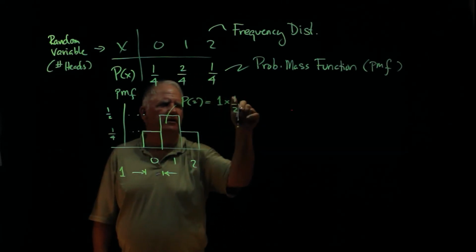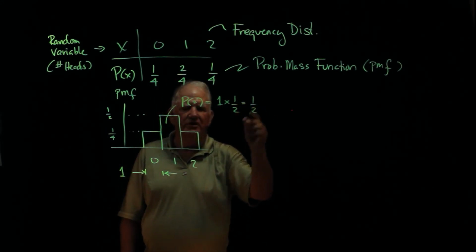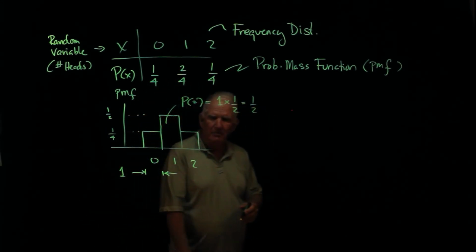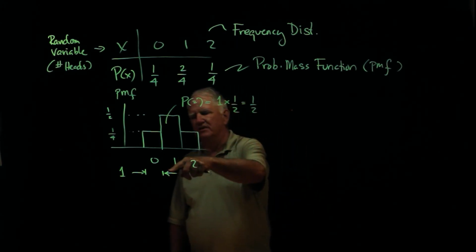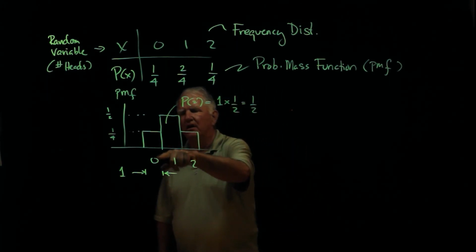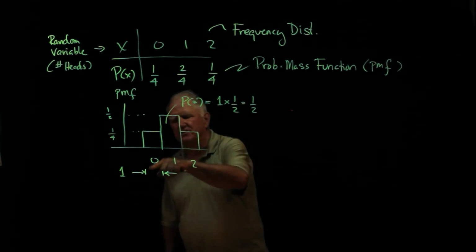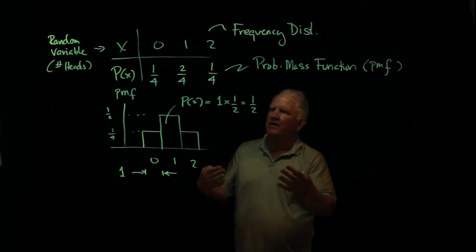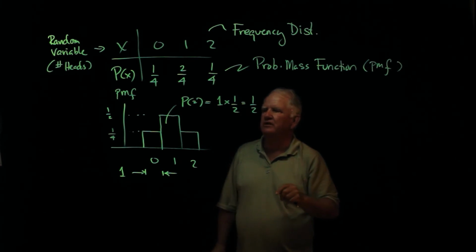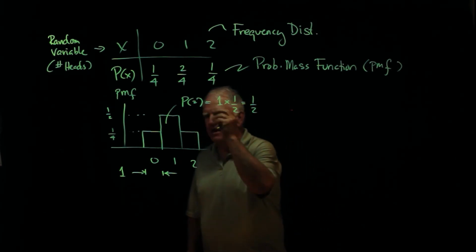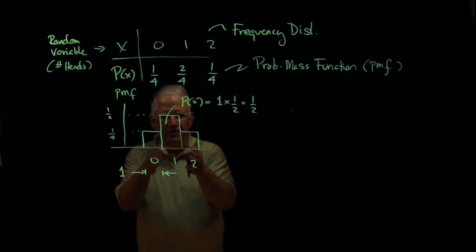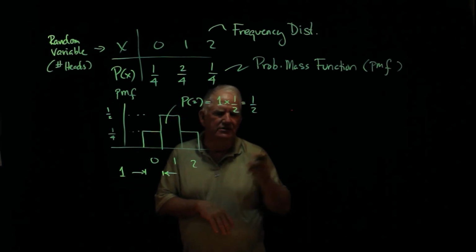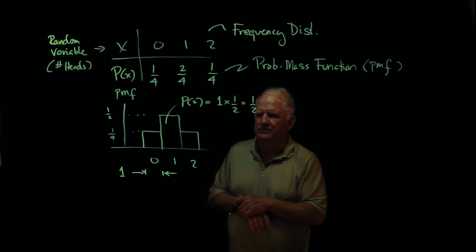This is 1/4. The probability mass function is the assignment of the probability of occurrence to those numbers. And really conveniently, more than anything else, the area underneath the curve associated with each one of these discrete numbers is the probability of its occurrence.